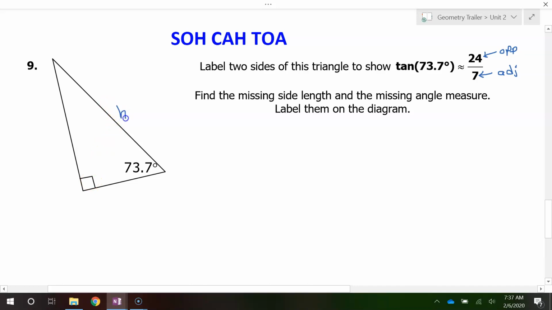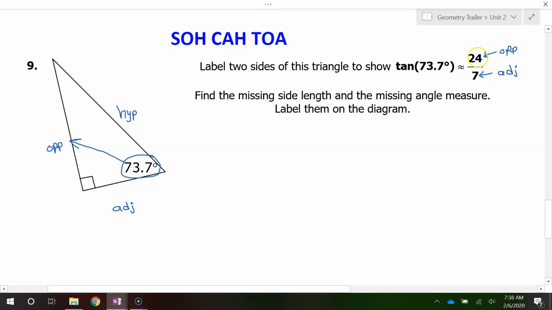So we know that this is the hypotenuse right here. Now, the angle is the 73.7. So I'm going to circle the angle and draw an arrow away from it because that will indicate the opposite side. The other side is going to be the adjacent side.